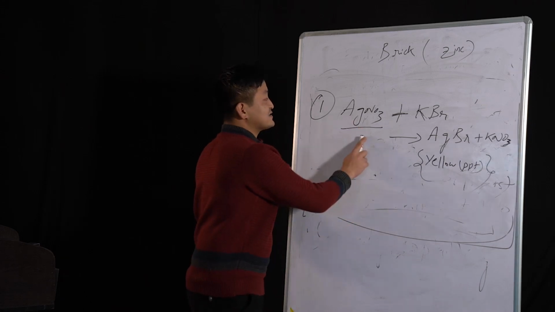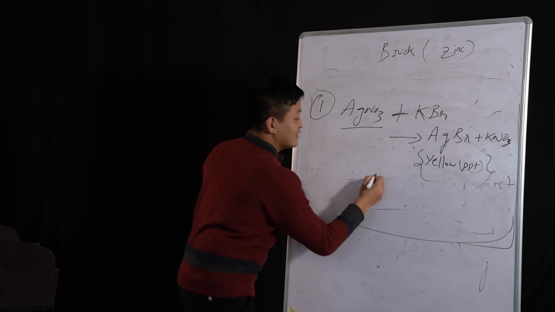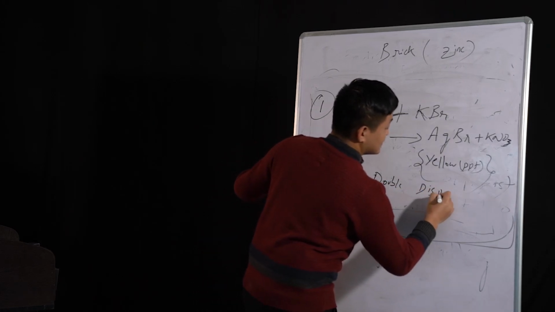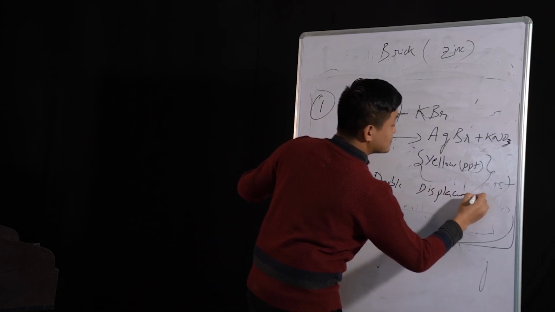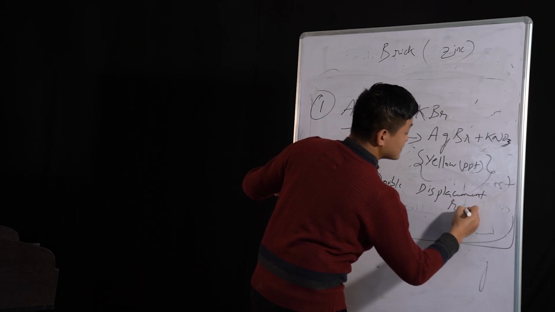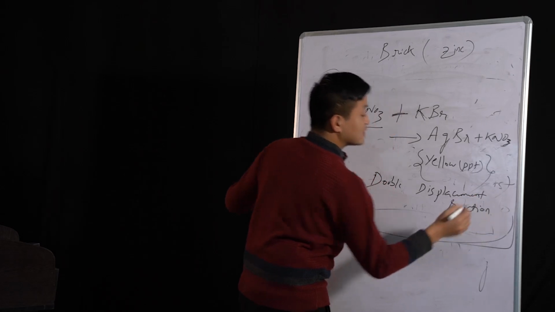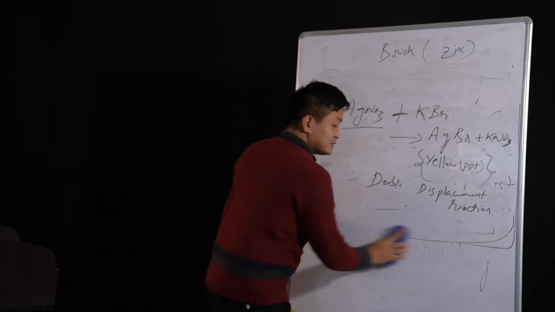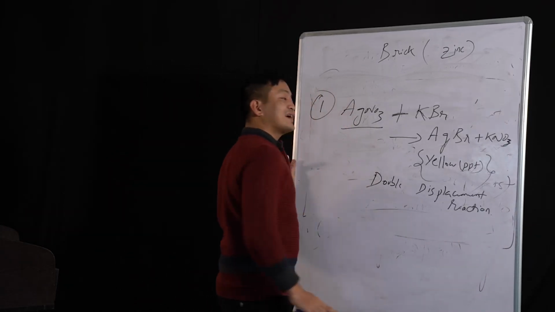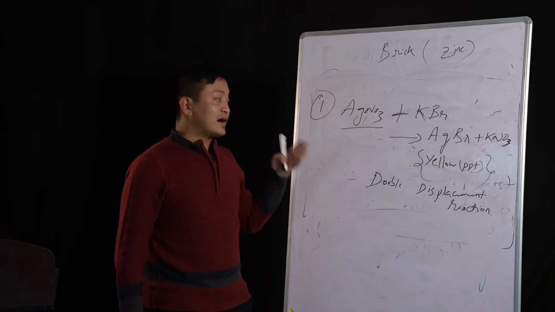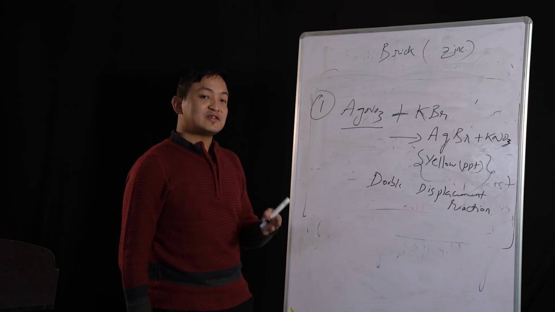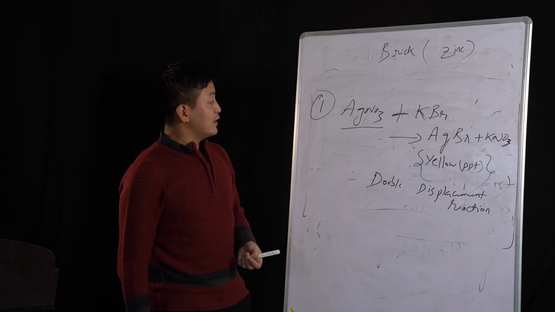Okay, so this is an example of double displacement reaction. Double displacement reaction. Clear? Okay, so this is just one basic example we did, but I request you all to try many questions given in the textbook. Clear?